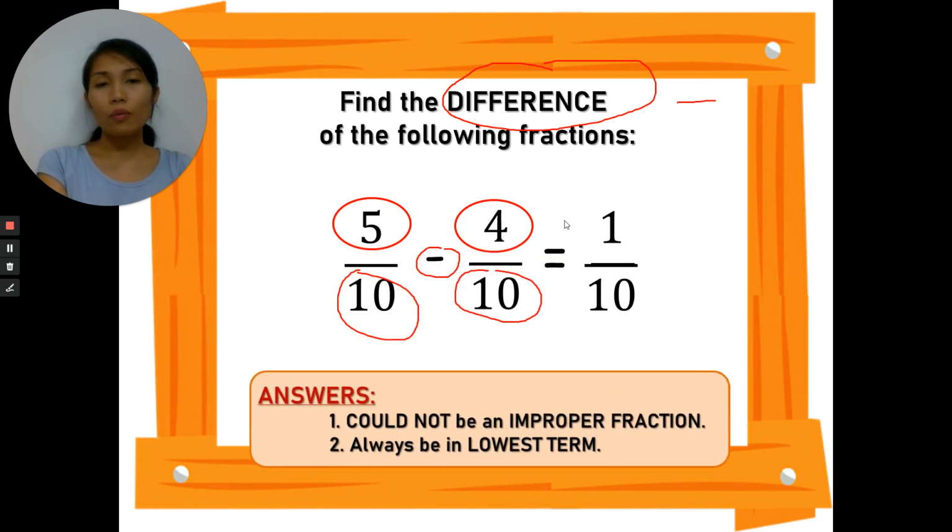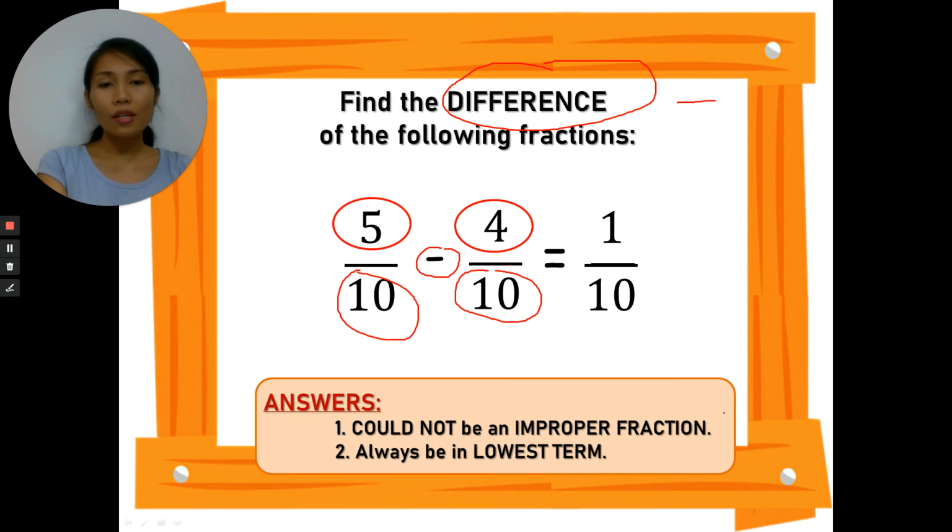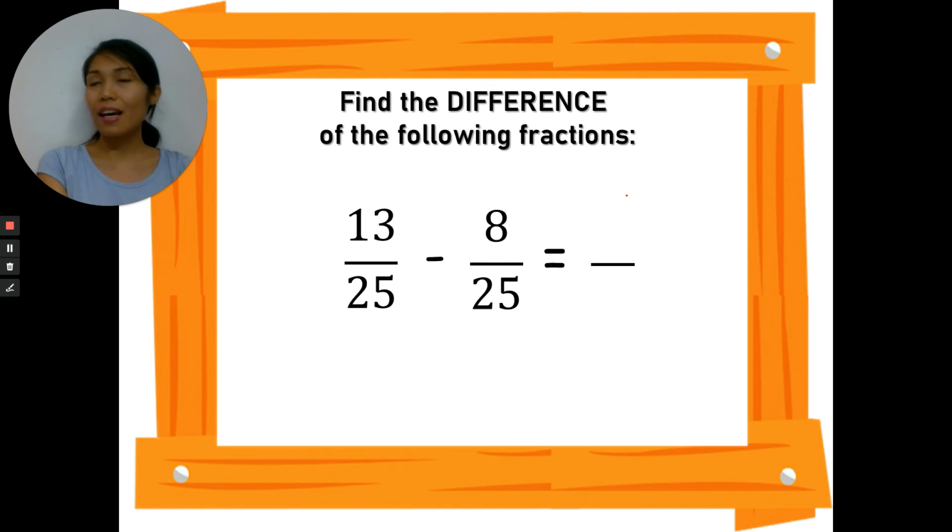Okay, now we do the same in checking our answer. Our answer could not be an improper fraction. It's not an improper fraction, then let's check. And is it in the lowest term? Yes, the numerator is 1. It's already in the lowest term. So that's our final answer. Easy, right? Yeah, how about this?